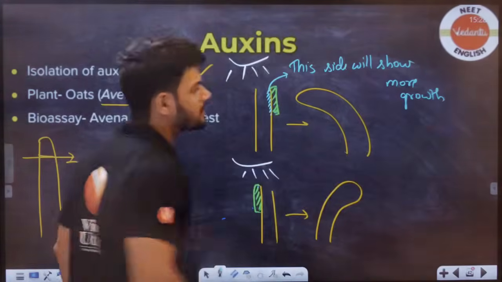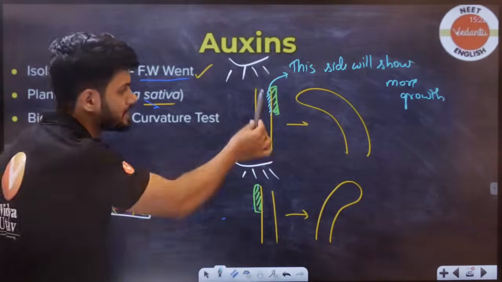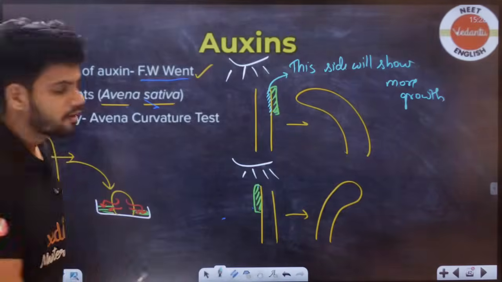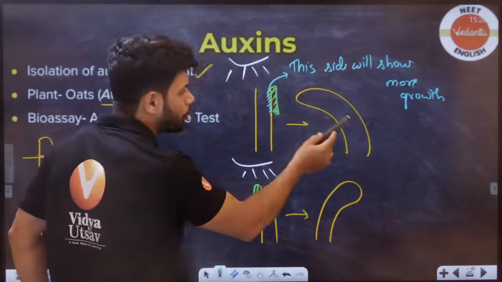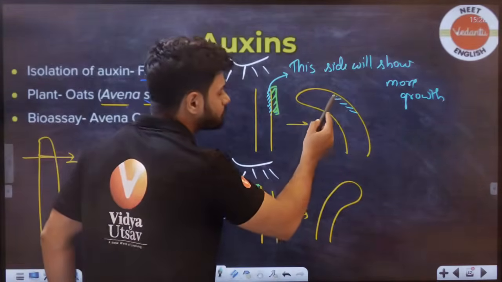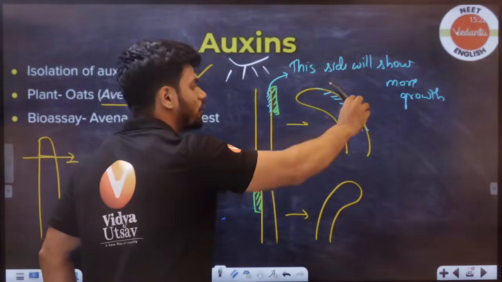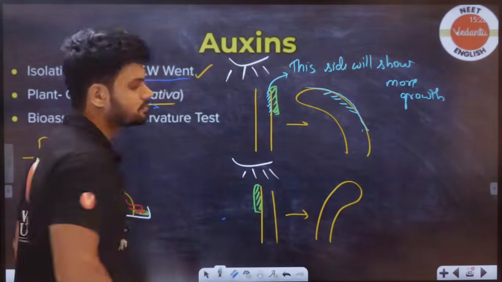If growth is more on this side, obviously this side will grow more and will start bending towards the other side.